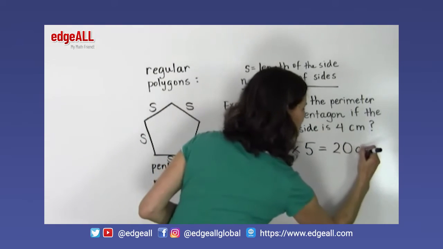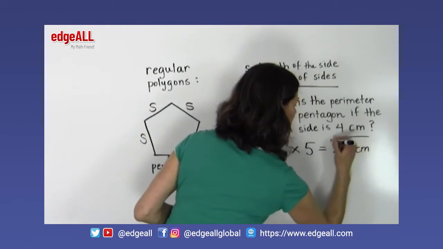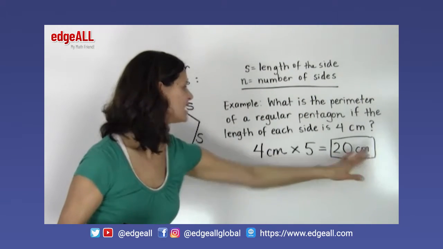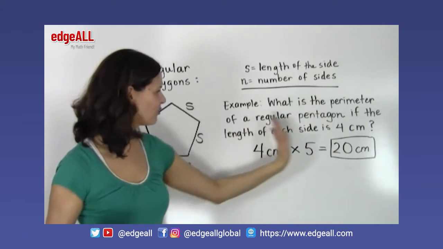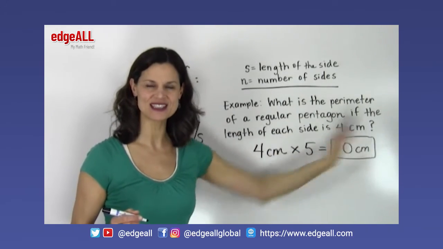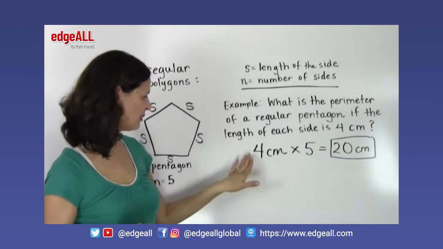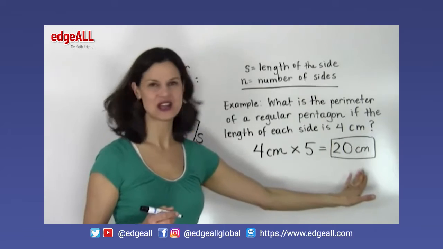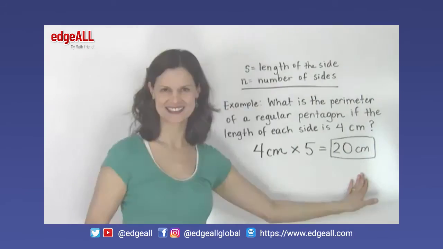So we need to make sure that we give our 20 a unit of measure of centimeters. What is the perimeter of a regular pentagon if the length of each side is 4 centimeters? Such a simple problem. 4 centimeters times 5 sides equals 20 centimeters.